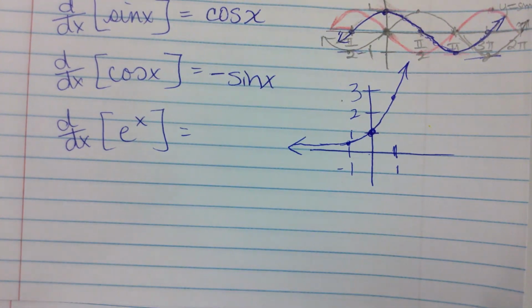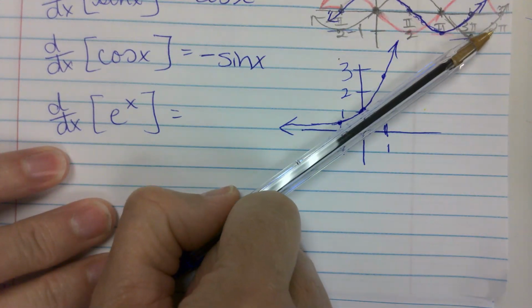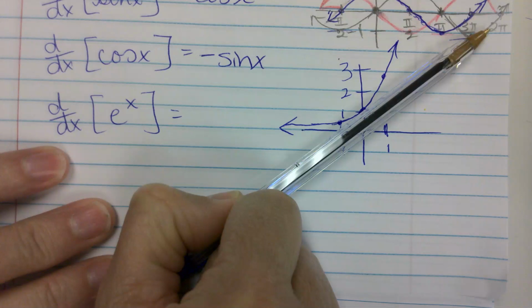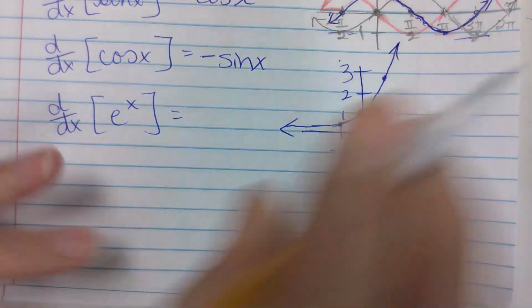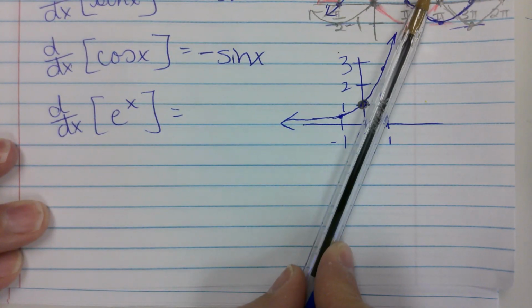What does the slope of the tangent line look like right there at 0? One. Plot the point 1. What does the slope look like over here at 1? 2.71828, I bet.